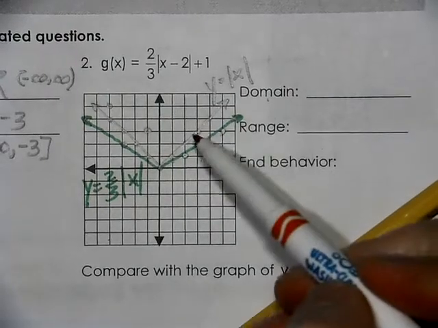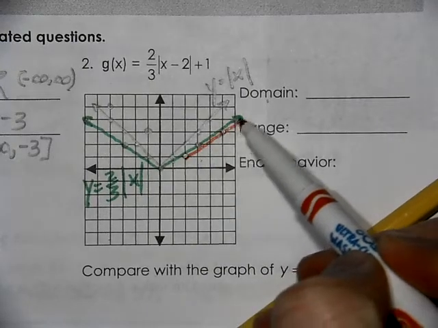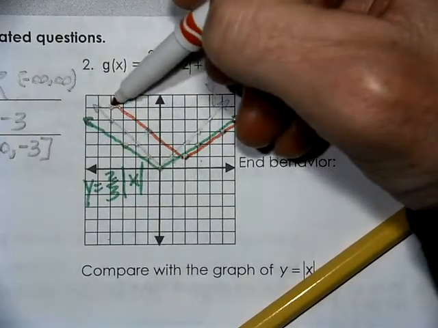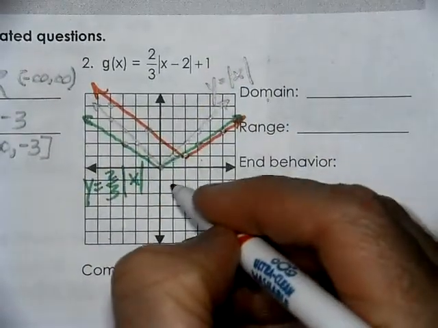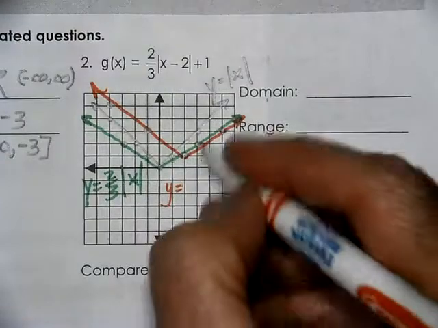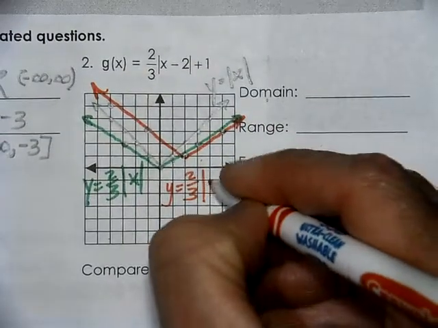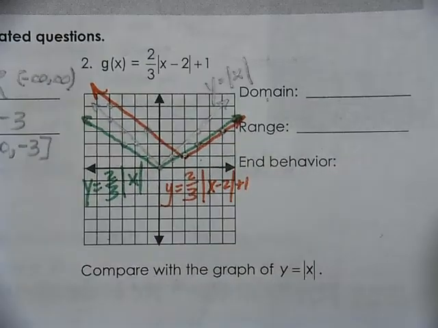So our final graph is going to be y equals, or g of x, however you like to write it, 2/3 absolute value x minus 2 plus 1.